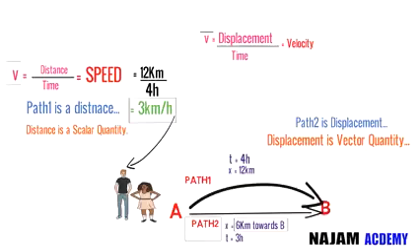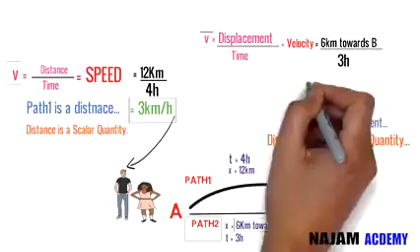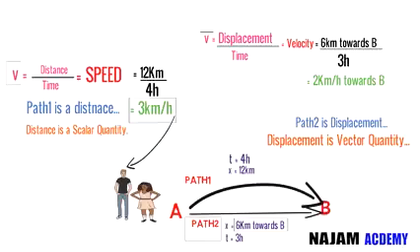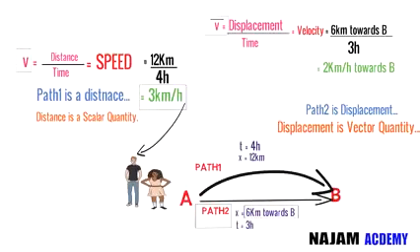Displacement divided by time is giving us velocity. So 6 kilometers divided by 3 hours is giving me 2 kilometers per hour towards B, which is velocity. Keep it in your mind, v with an arrow on the head is giving me the velocity, and velocity is equal to displacement divided by time.